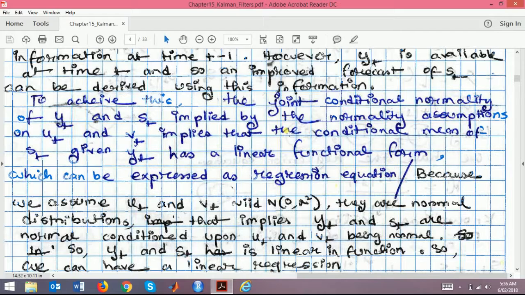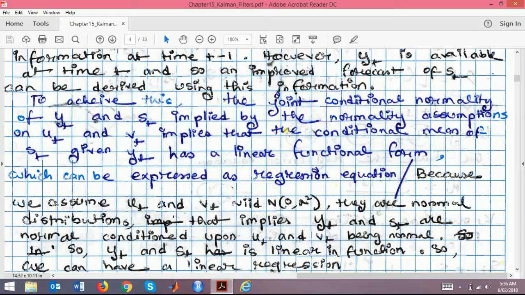Why are yt and st normal? Because we know that both ut and vt, the residual and the disturbance, are IID with zero mean and sigma square and sigma square v variances respectively, and this normality is lent to yt and st, so the conditional mean of st given yt has a linear functional form.